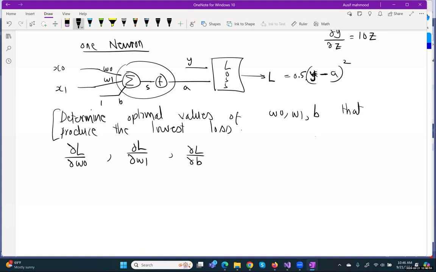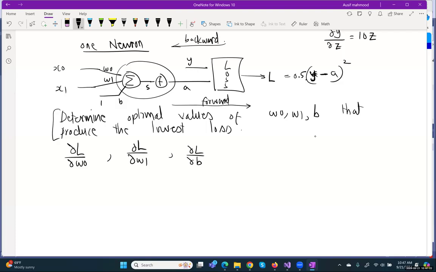Okay, so now let's see if we can calculate this. As I mentioned, our learning process is a two-step process. We go forward, then we go backwards. And when we go backwards, that's when we will adjust the weights and biases.